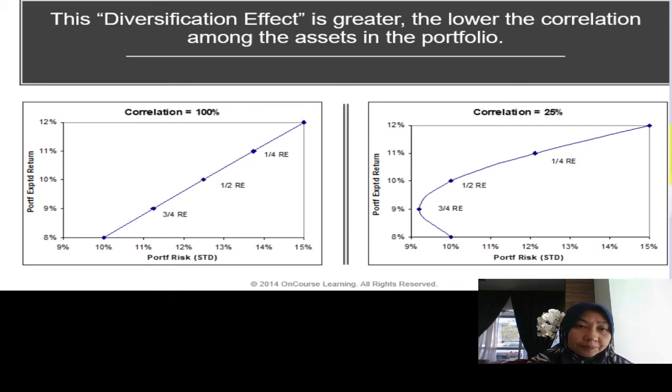When the risk is maybe 12.5%, the return is 11%, more return. This one has 14% risk and 11% return. So the less correlated, the better the effect on the expected rate of return.